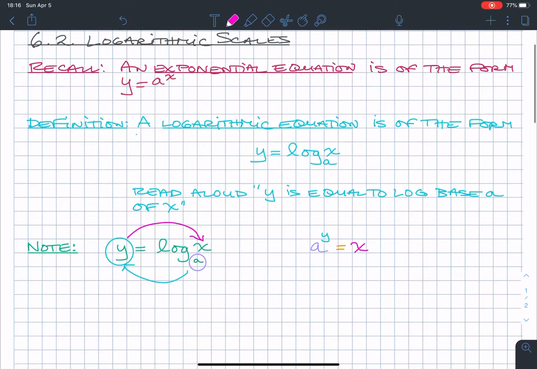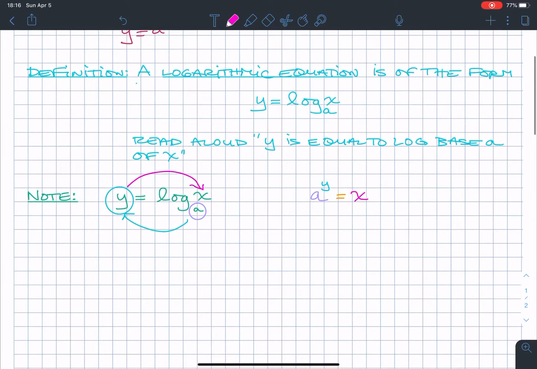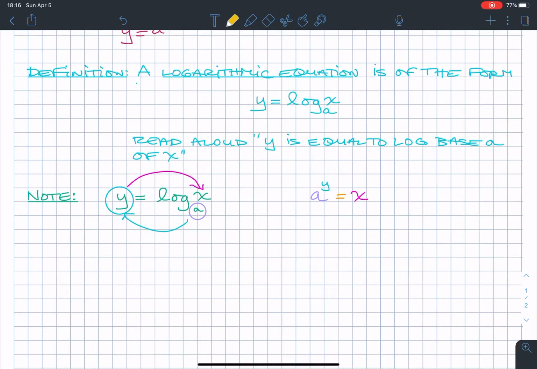So notice, if I go back up to my recall up here, y is equal to a to the x. A logarithm is x is equal to a to the y. So these are equivalent statements. These are exactly the same thing.